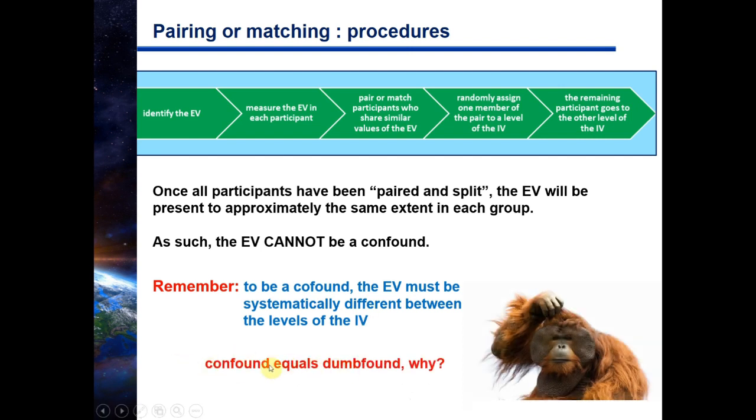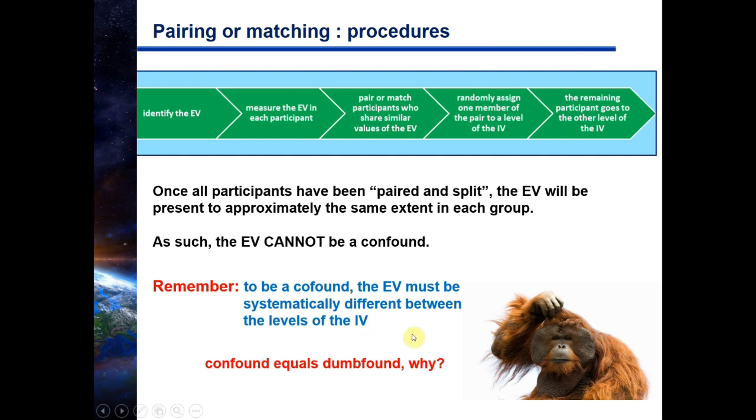You remember this little mnemonic I gave you? Confound equals dumbfound. Do you remember why? Let's say that you didn't pair and split. Let's just pretend. And you found out that the average age for group 1 was higher than the average age for group 2. Now you've got an alternative explanation for why the dependent variable might have been different.